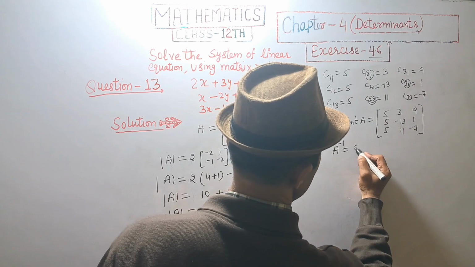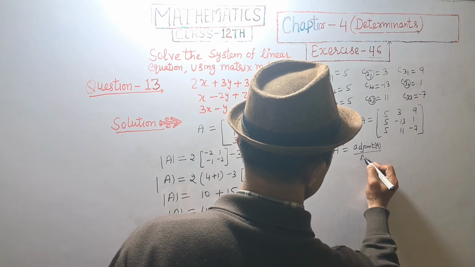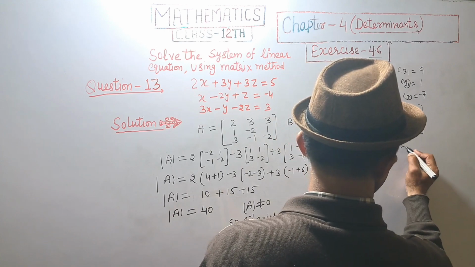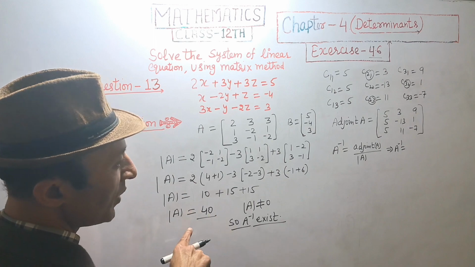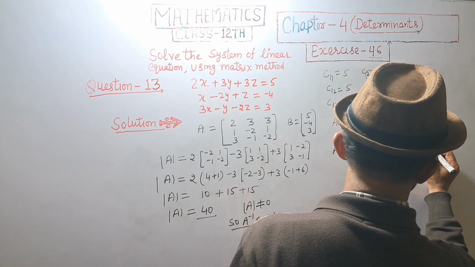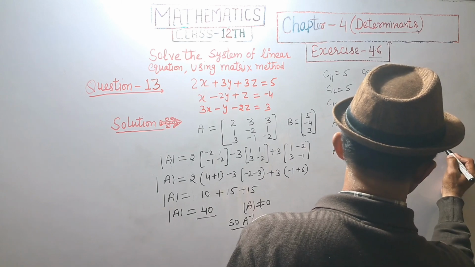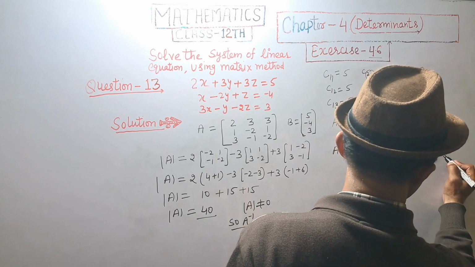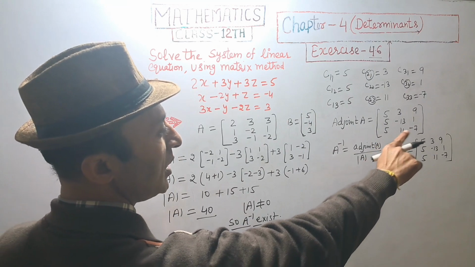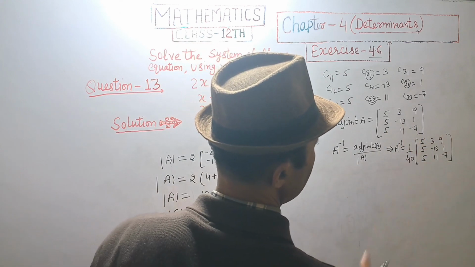A inverse is equal to adjoint A upon determinant of A. This implies A inverse is equal to, we get the determinant of A is here 40, so 1 upon 40 into 5, 3, 9; 5, minus 13, 1; 5, 11 and minus 7.